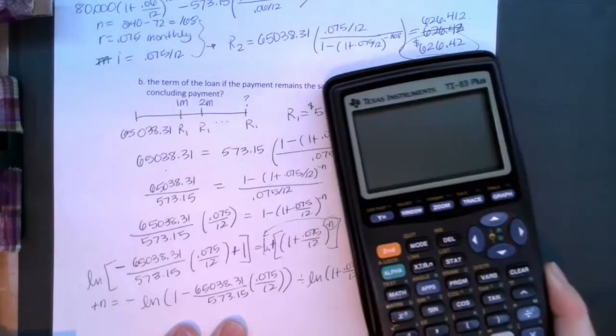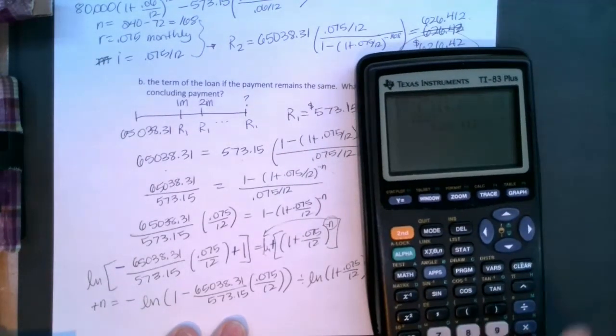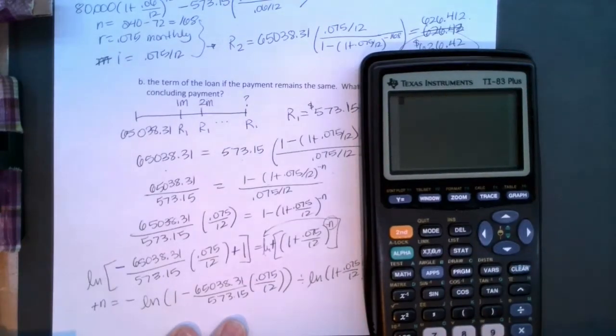And when we put that whole thing in the calculator, opposite of the natural log of 1 minus 65,038.31 divided by 573.15 times our interest rate.